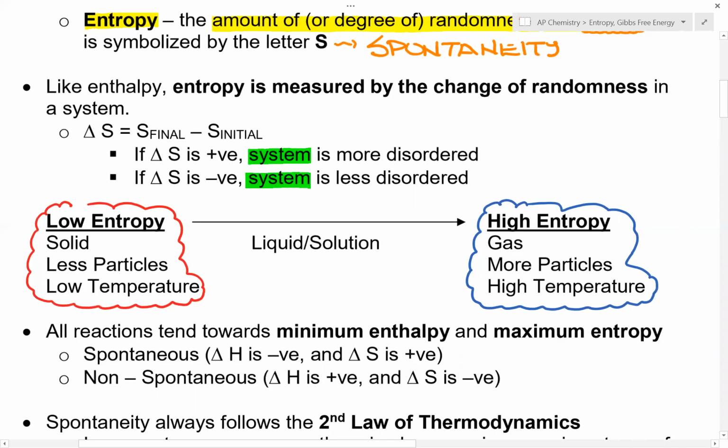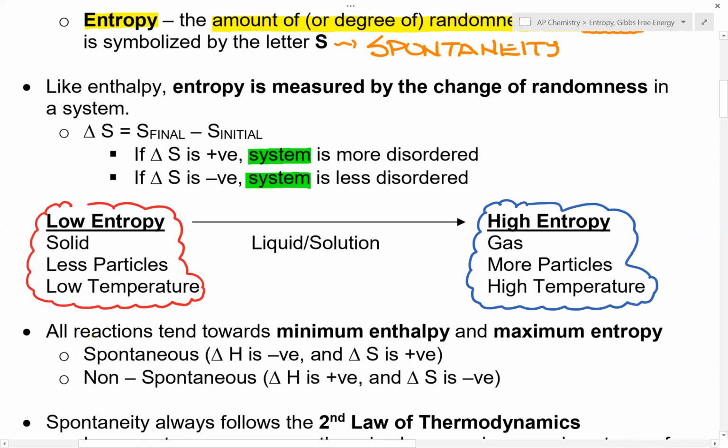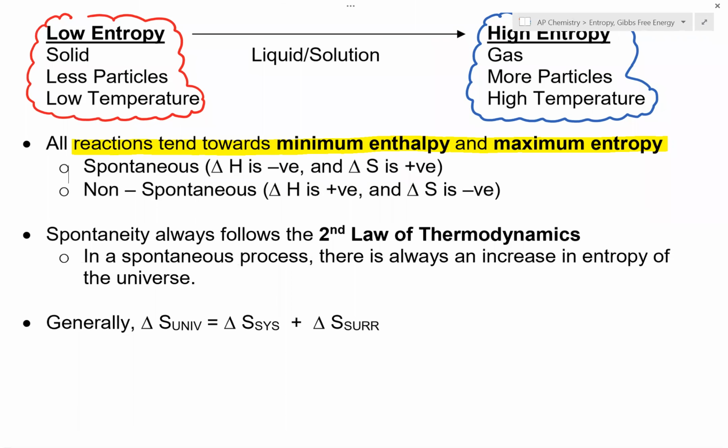Again, we had talked about this: all reactions tend toward minimum enthalpy and maximum entropy. One thing for you to be aware of is this: spontaneity always follows the second law of thermodynamics.